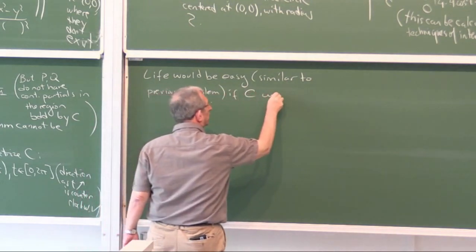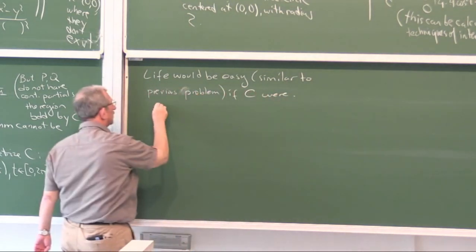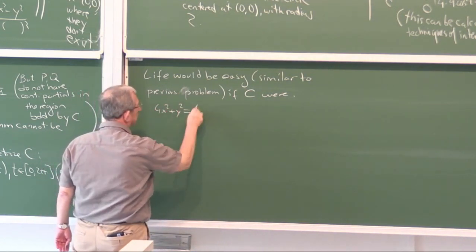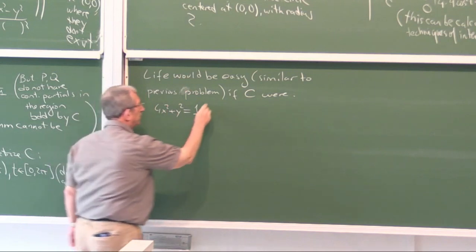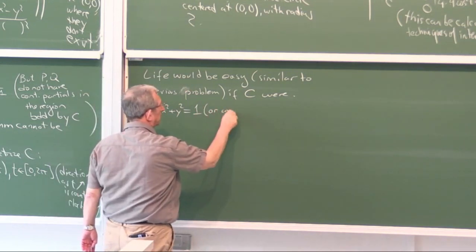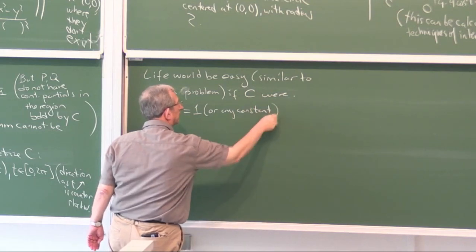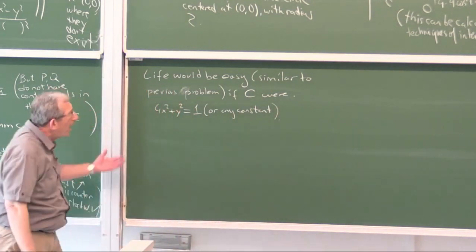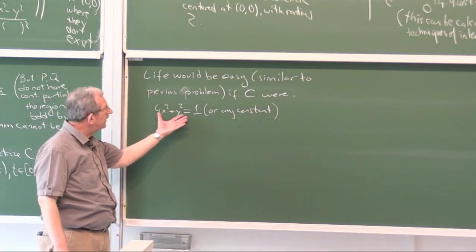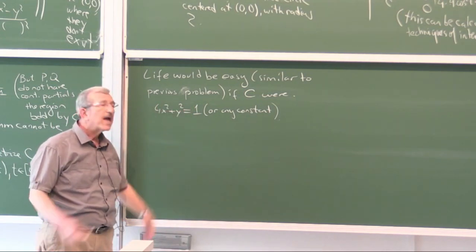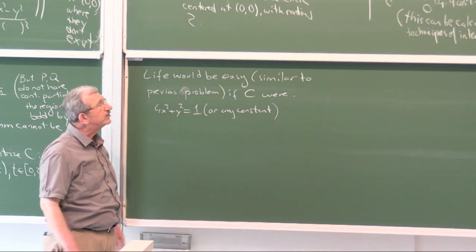If C were 4x squared plus y squared equal to a constant, say 1 or whatever, then the bottom would be a constant, and integration would be very easy.